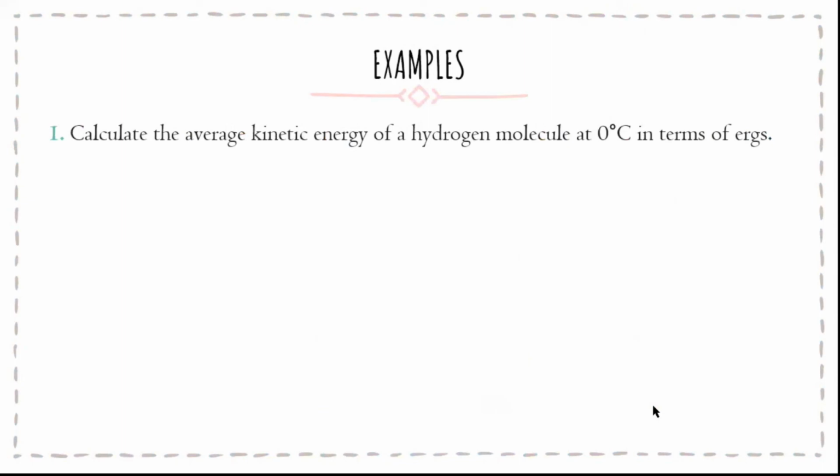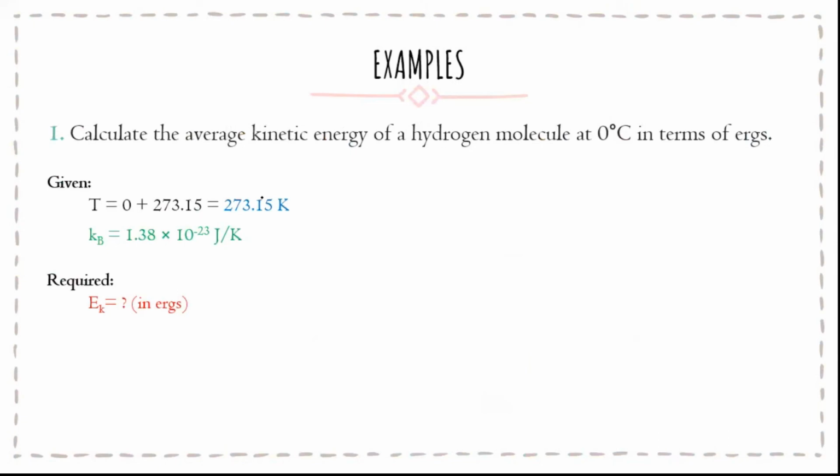Calculate the average kinetic energy of a hydrogen molecule at 0 degrees Celsius in terms of ergs. Okay. So we are given the temperature in terms of degrees Celsius. So we need to convert it into absolute unit, which is Kelvin. So that is 273.15 Kelvin.